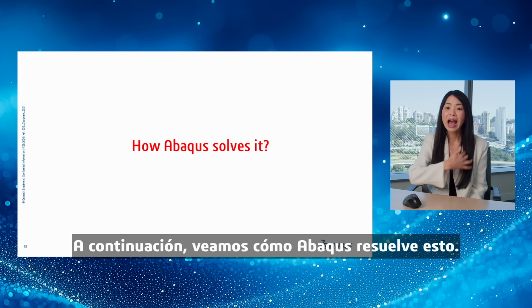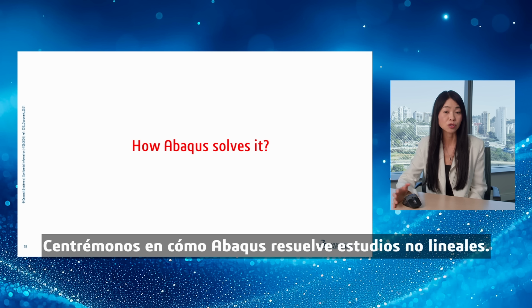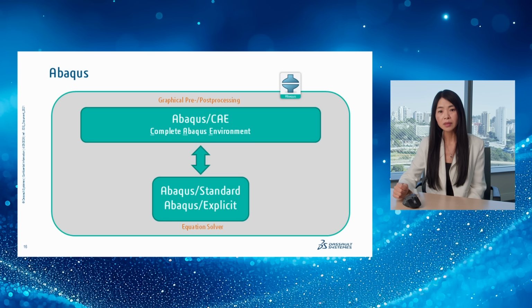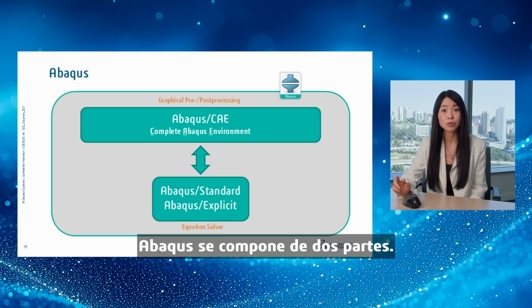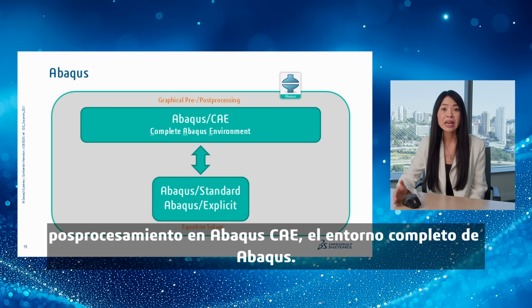So next, how Abaqus solves it. Let's focus on how Abaqus solves nonlinear studies. Abaqus comes with two parts. You can do all the pre-processing and post-processing in Abaqus CAE, the complete Abaqus environment.